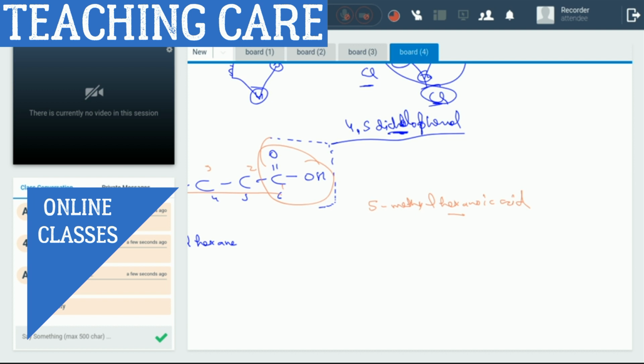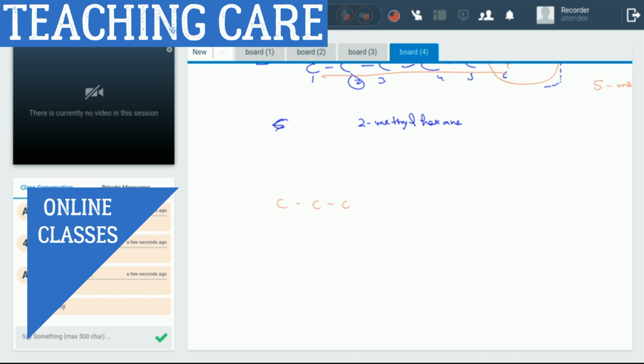Clear that? Okay. Now, suppose 1 C is there. Obviously, you know that this is known as methyl, and this is known as ethyl. What do you think its name would be? I presume it would be 2 methyl 5 ethyl hexane.